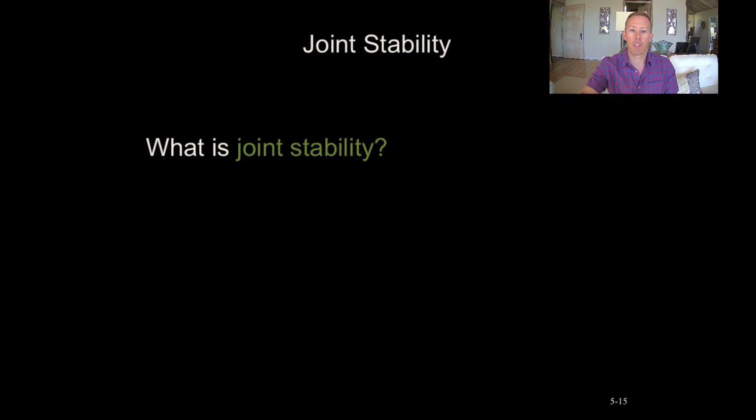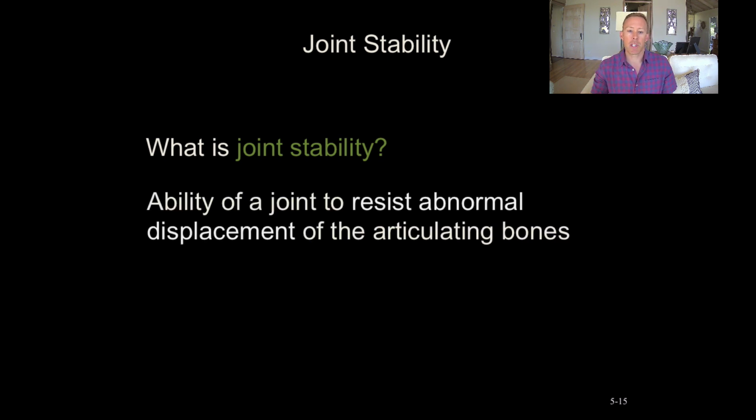Okay, joint stability. So let's talk a little bit about functional things here. What is joint stability? From a definition standpoint, it's the ability to resist abnormal displacement of articulating bones. So if you have two bones coming together, say your femur and your tibia, you've got all these structures that help those bones stay centered on each other so that they don't move in an abnormal, excessive way on each other and damage maybe the ligaments inside or the ligaments on the outside or other peripheral joint structures.